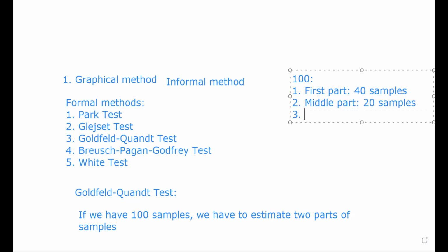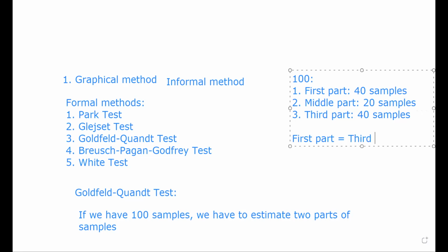And the last one, the third part, we have 40 samples. So the important thing is the first part must be the same as the third part. Okay, must be the same.